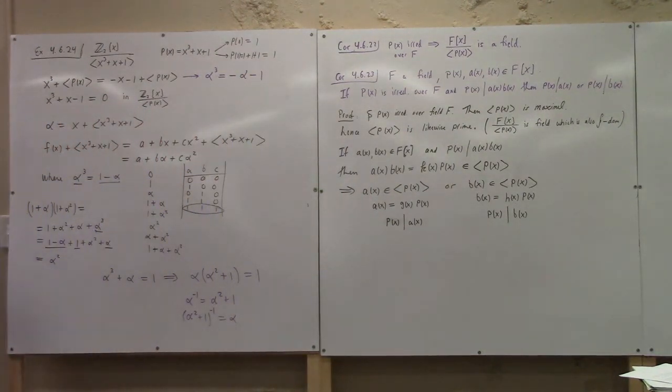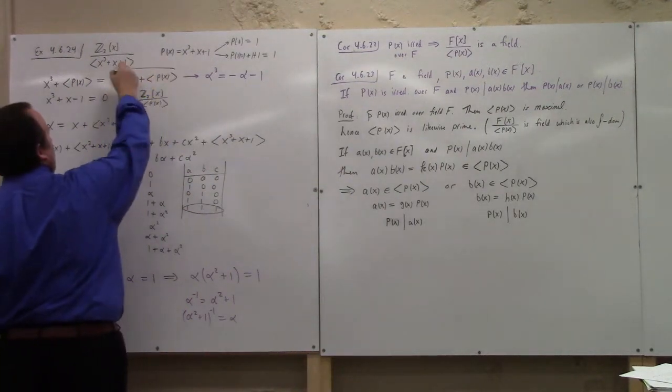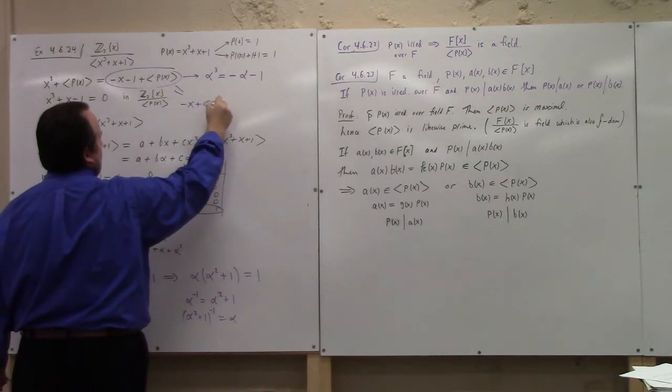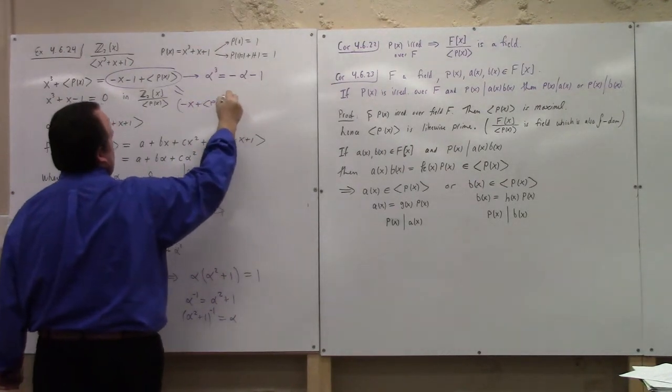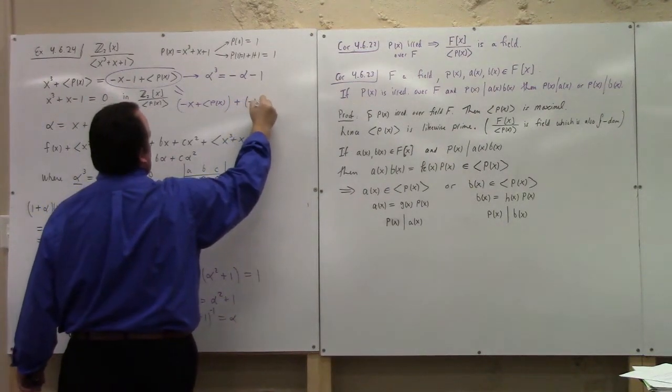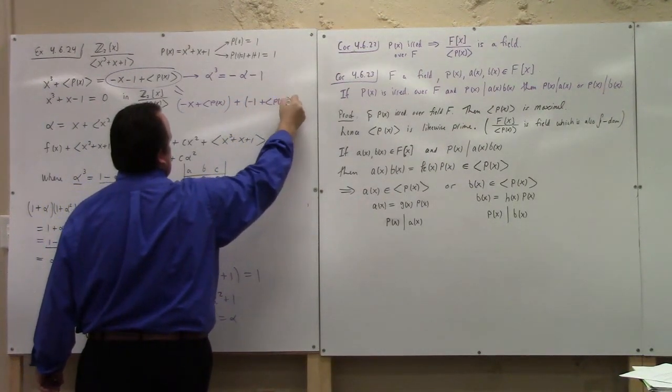That's what that means. Because this right here is equal to minus x plus p of x, plus minus 1 plus p of x, by the definition of coset addition.